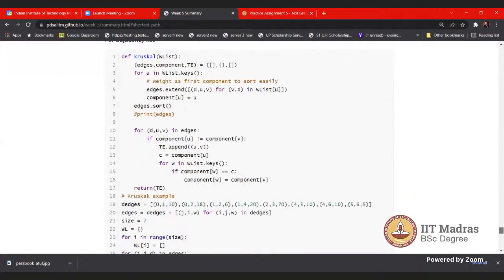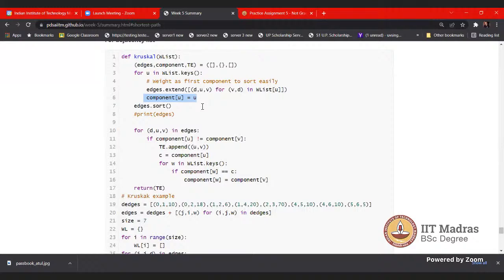This is the component concept, where we maintain parent node information for every component. Any time we add an edge, we maintain this information about who the parent is, one parent.